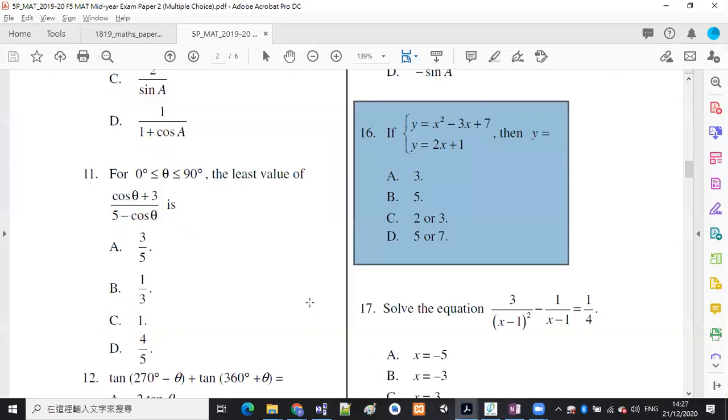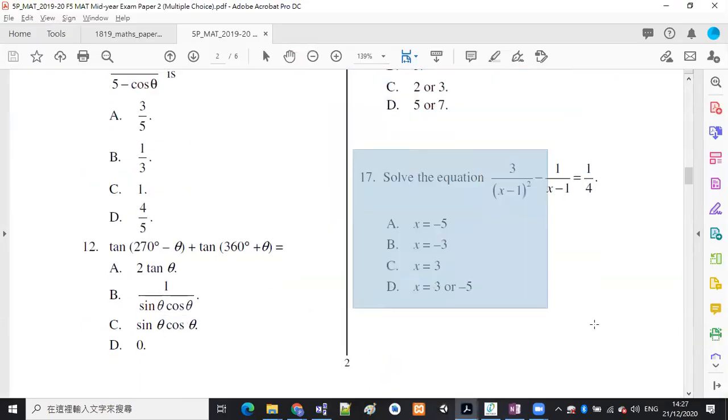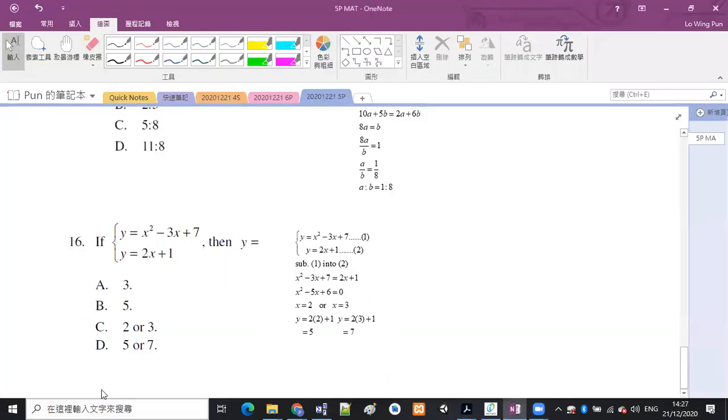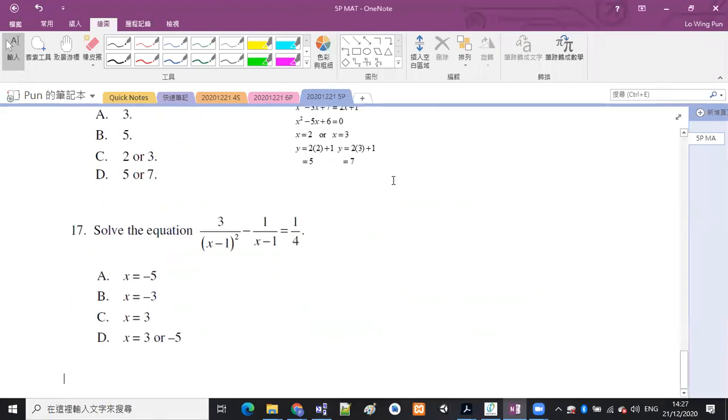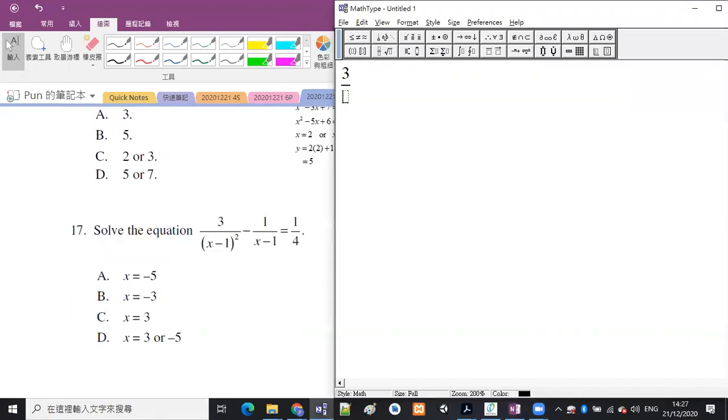Okay, and then number 17. So we have 3 over x minus 1 square minus 1 over x minus 1 is equal to 1 over 4. Okay? 好，呢個又係喎，咁多份數，我哋逐嚿去乘。First one，我哋通常咧由最大嚿嘅乘嘅話咧，就最慳皮嘅。This one, x minus 1 bracket square.